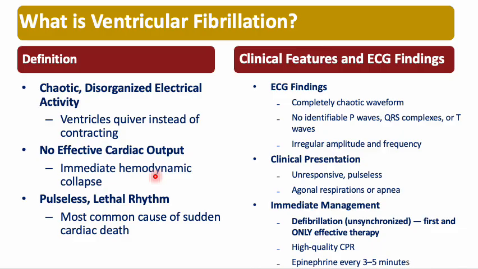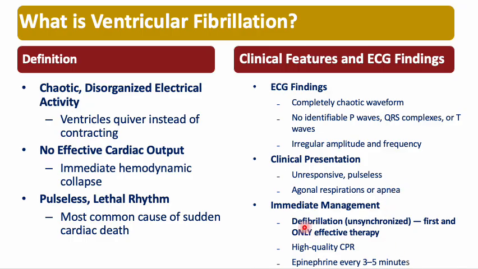So your ECG findings, again, completely chaotic waveforms, no identifiable P waves, QRS complexes, or T waves, irregular amplitude and frequency. Clinical presentation, patients usually present unresponsive or pulseless, and they may have some agonal respirations or apnea.